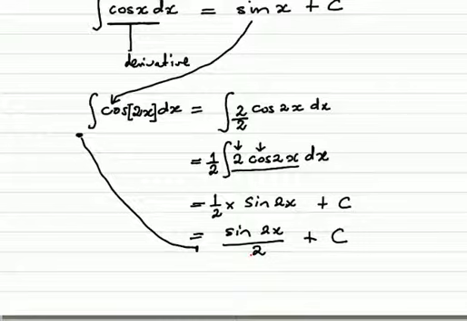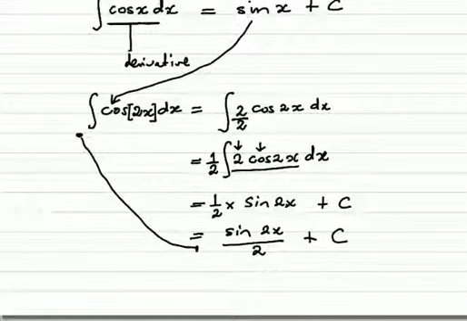Now, let's explore this further with some other functions. Let's think first of a function like the exponential function. What we know about the exponential function, let's say, start with a natural base e to the power of x.